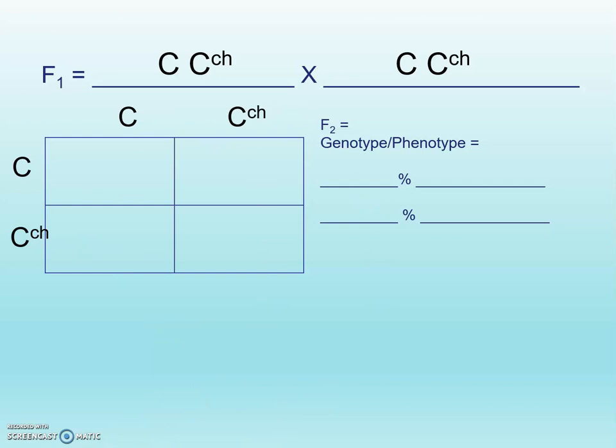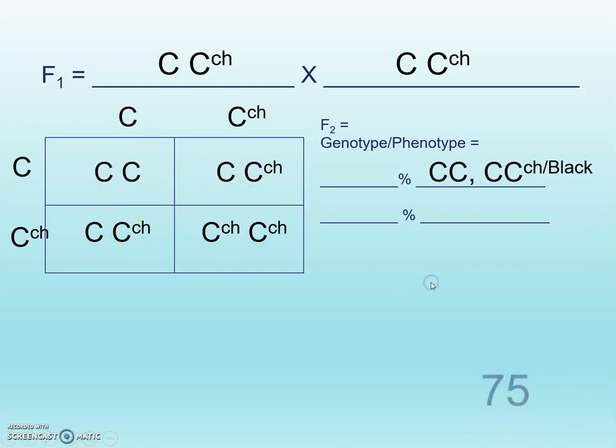Okay, so box 1, two big C's. Box 2 and box 3, we're heterozygous, C C^ch. And box 4, C^ch C^ch. So we have light gray and light gray. So when we look at the genotypes and the phenotypes, we've got black, black, black, and the genotypes can be different.